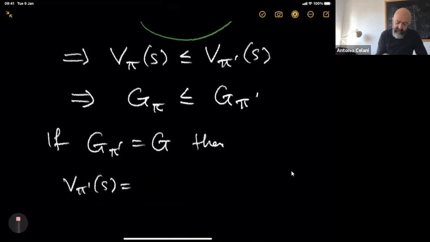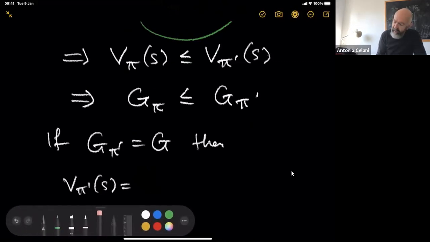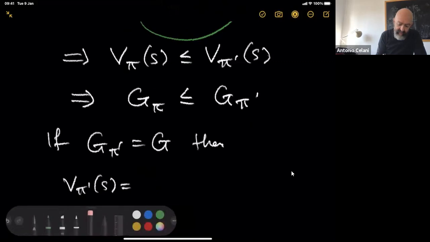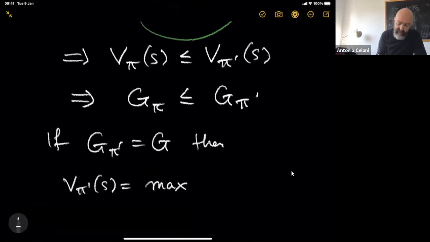So V pi prime, by definition, is the maximum over A of Q pi of S, A. Okay, so this is the greedy choice.